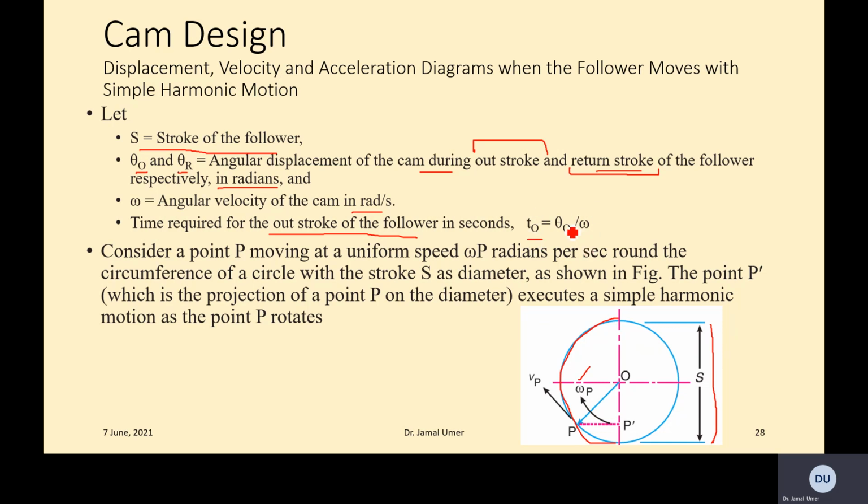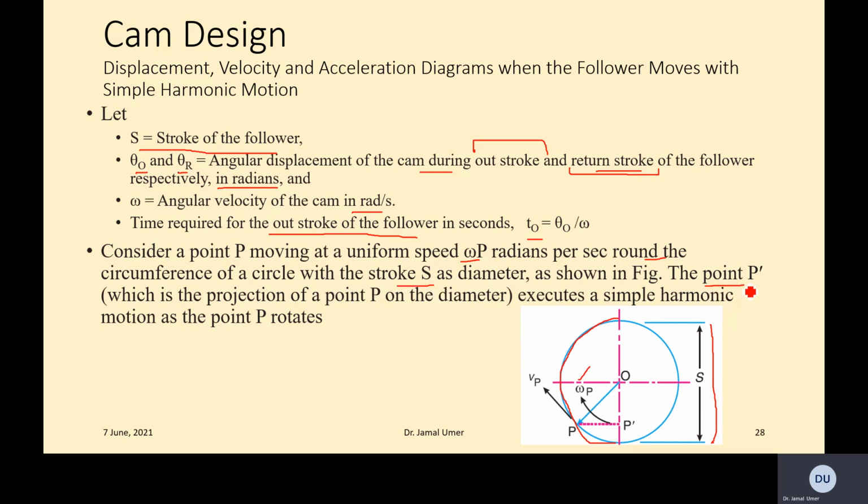This is the analogous equation for circular motion basically. Consider a point P moving at a uniform speed of omega in radians per second on the circumference of a circle with stroke S as the diameter, as shown in the figure.